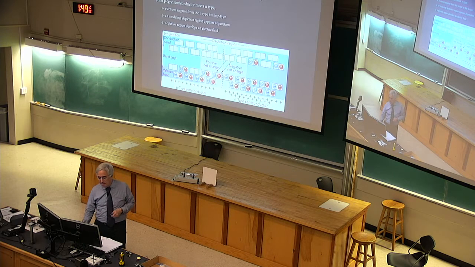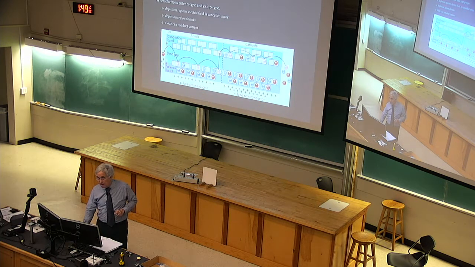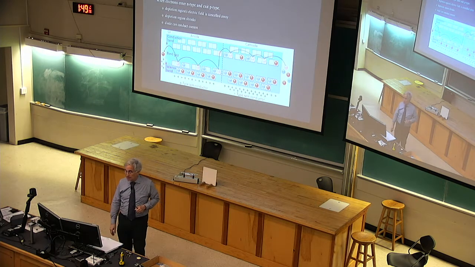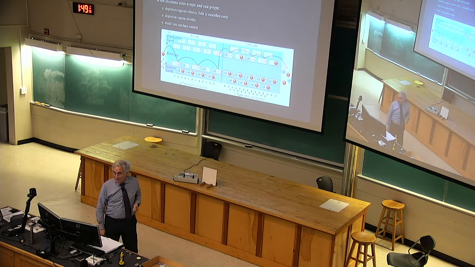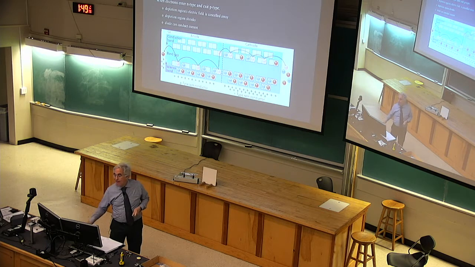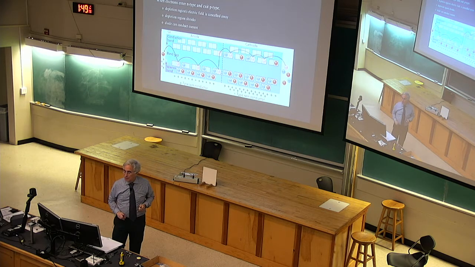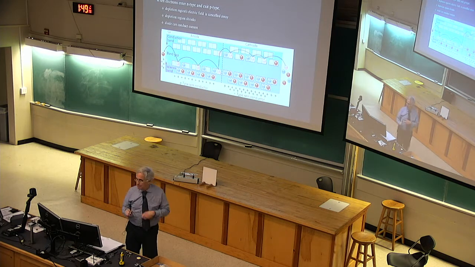You can get charges to move through this by applying an electric field externally, but only in one direction. I'll come back to this property, but I'm going to give you the short bit.